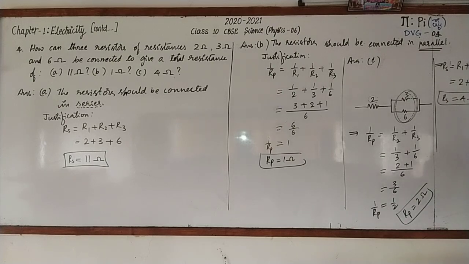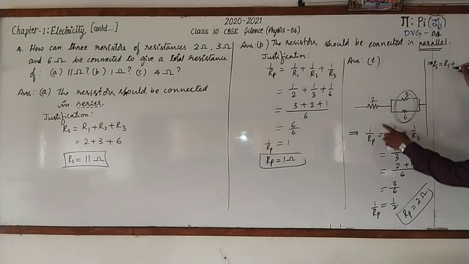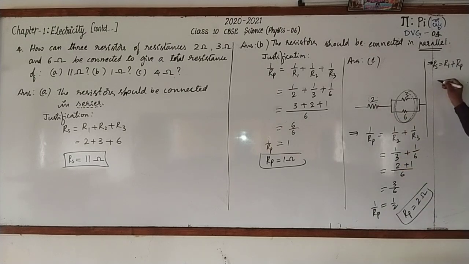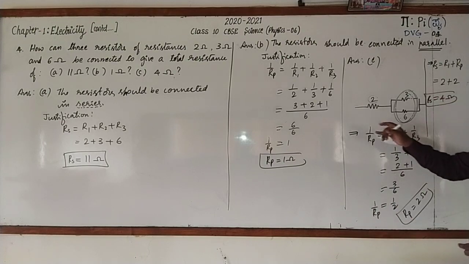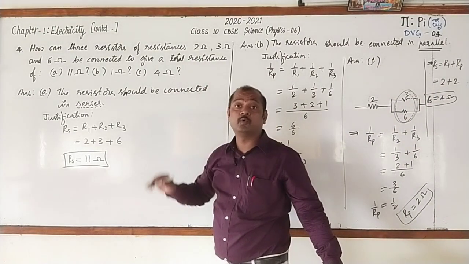Clear? So, here I write, just once I write, see that. Rs is equal to R1 plus Rp, where R1 is 2, Rp is 2, this is 4 ohm. Got it? So, you got this value 4 ohm.